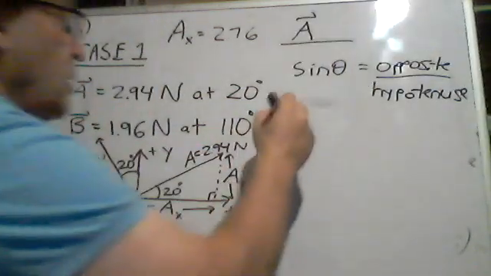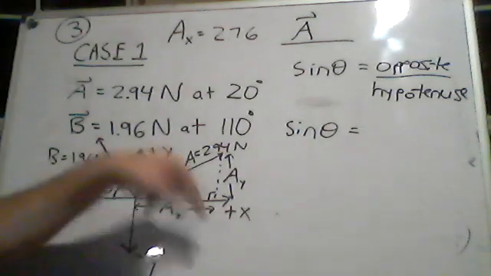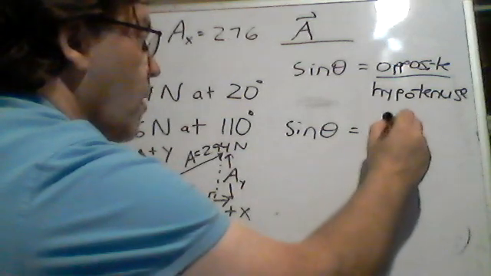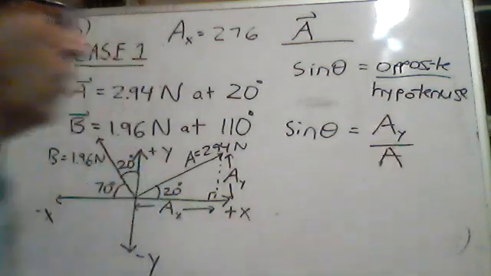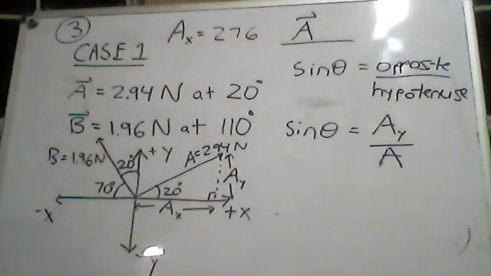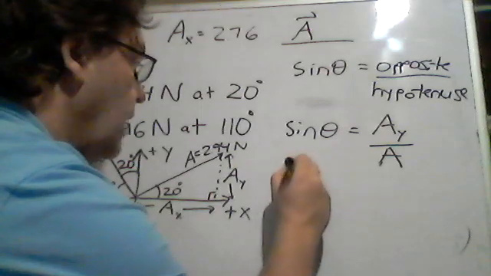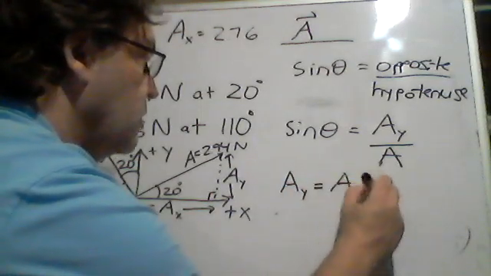All right. So again, in the language of this problem, the opposite is a sub y. And the hypotenuse is just the magnitude of the vector we call a. Cross multiply, I can write that a sub y is a sine of theta.